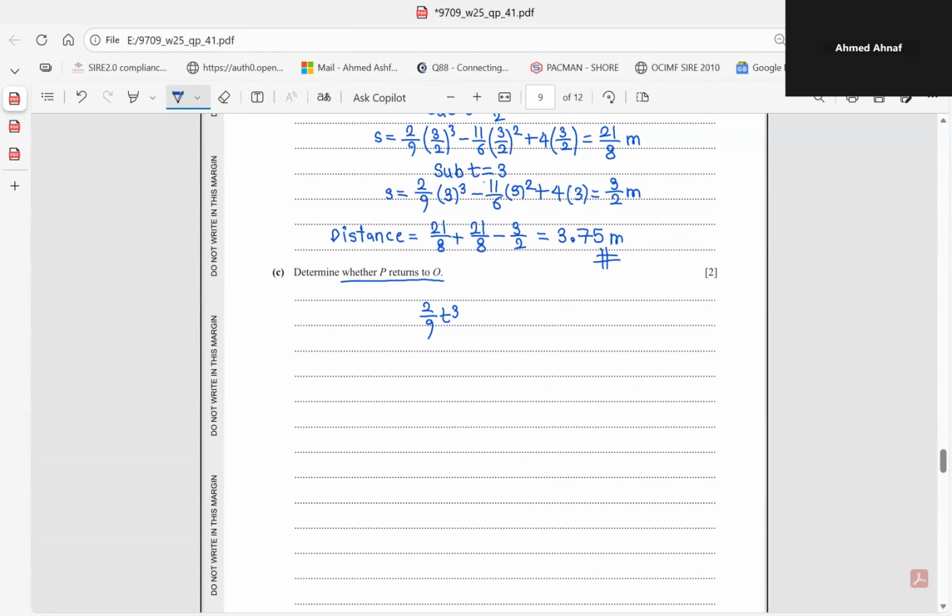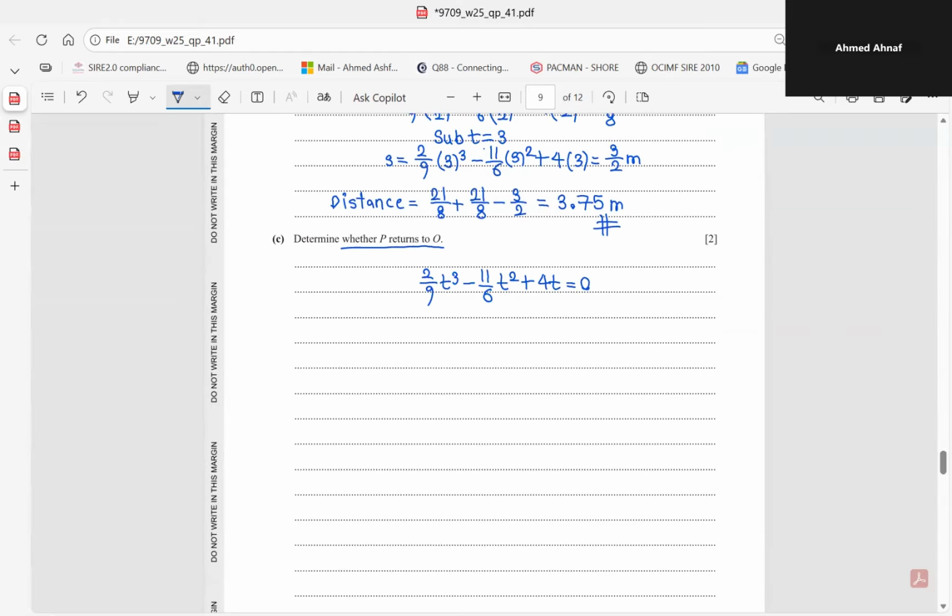Minus 11 over 6 t squared plus 4t equals 0. Now we're going to factor out 1 over 9t.